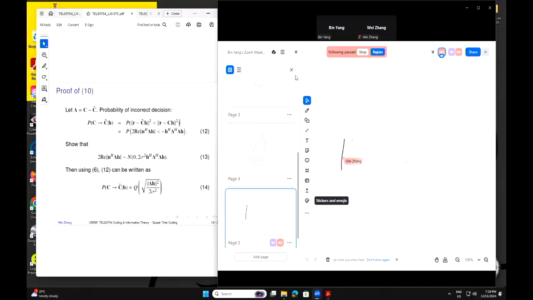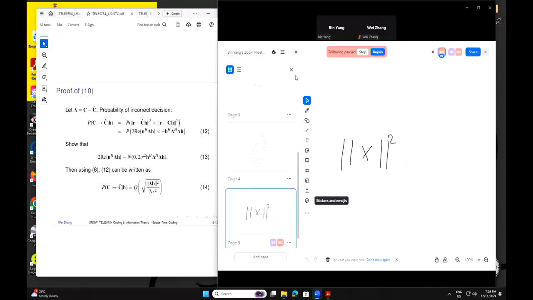Let me see. Next, I also want to take you through some of the basic mathematics, because all the following is based on the mathematics, okay? First, we consider a complex random variable, x, okay? This is a complex one, x.